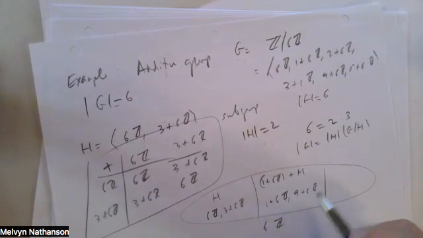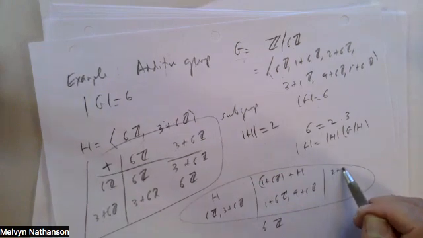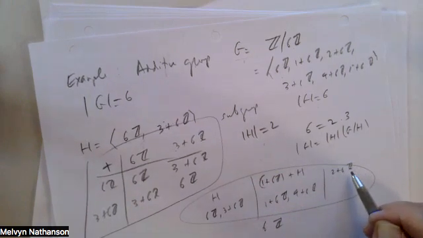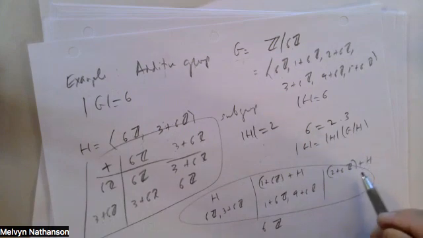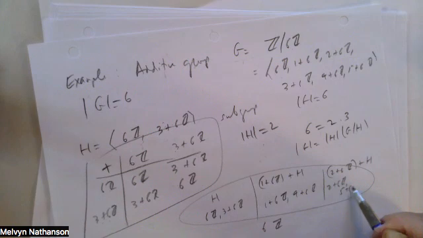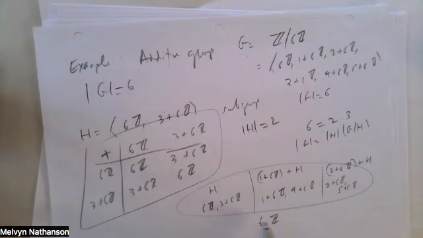That's a coset. And then I have 2 plus 6Z plus H. That's 2 plus 6Z and 5 plus 6Z. So the classes 0, 1, 2, 3, 4, 5, I split them up into 3 sets of 2. These are 0 and 3 mod 6, 1 and 4 mod 6, 2 and 5 mod 6.